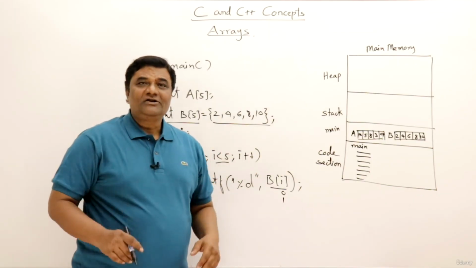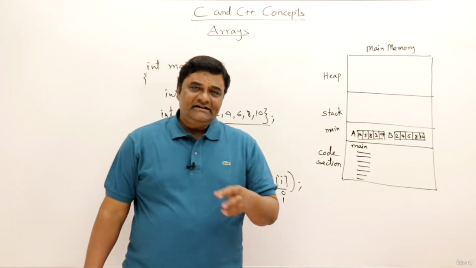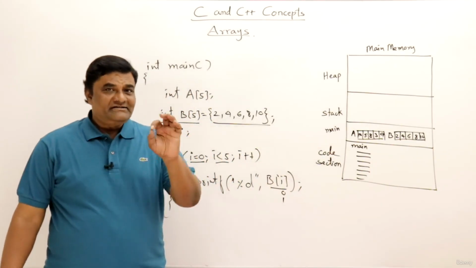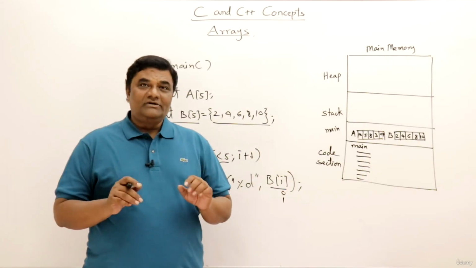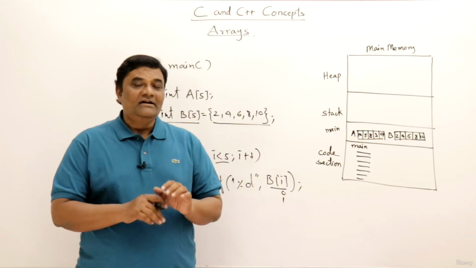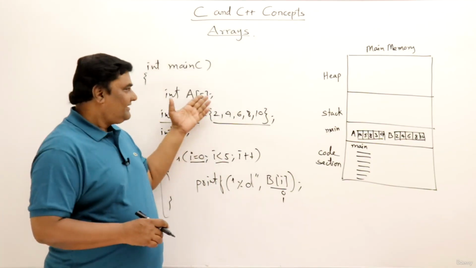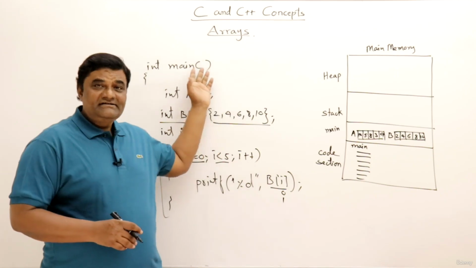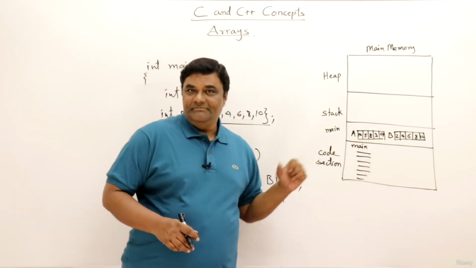So that's it. This is sufficient because we have a very big topic called arrays. We are going to learn lots and lots of things about arrays. Just as an introduction, as a revision, I have done it. So the points that I have discussed, let me put them together. I have explained what an array means and how to declare and initialize it, and when it is declared inside a function, where it will appear inside the main memory.